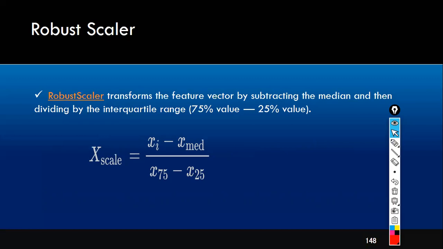If you think you have some outliers in your columns, they can influence your model and the errors. In that situation, you can use RobustScaler. This is the formula for RobustScaler.